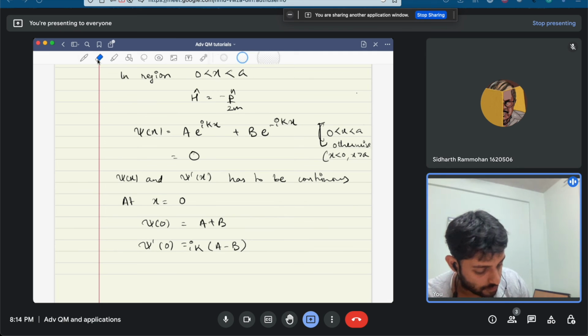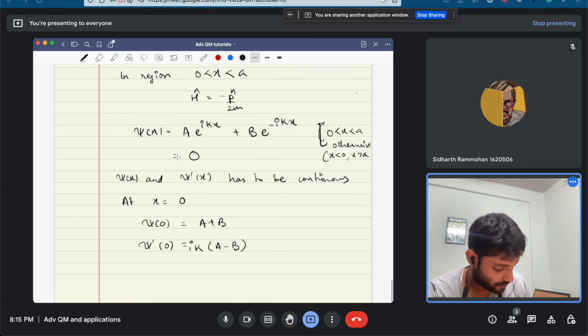Psi prime x is equal to i k a e to the power i k x minus i k b e to the power minus i k x.